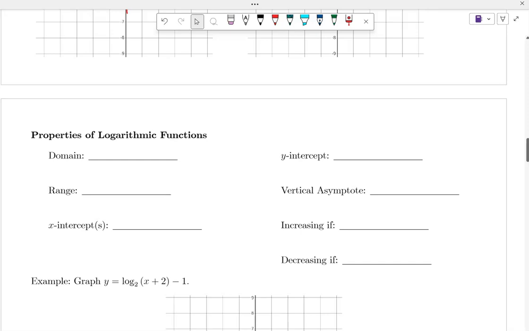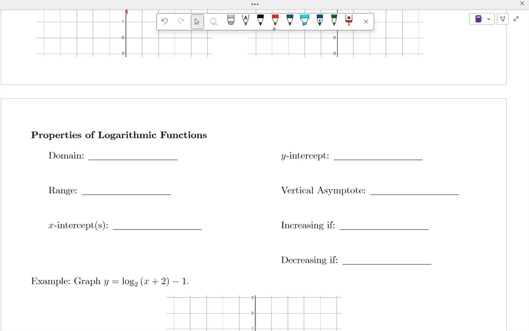Again, inverses reverse x and y. Change inputs to outputs, change outputs to inputs. Okay? For logarithmic functions, your domain of the log corresponds to the range of the exponential, right? What was the range of any exponential function? That's the domain.